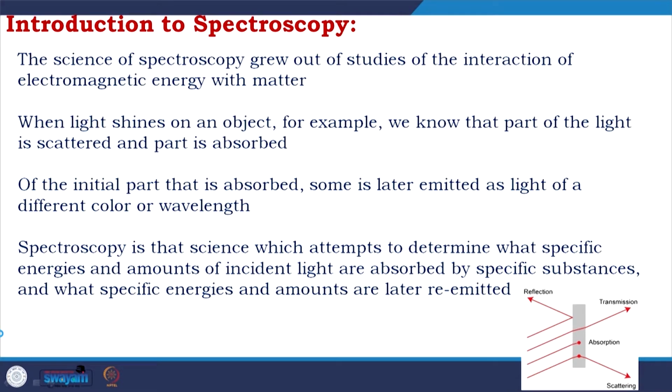If I try to forget definitions, because definitions are always tough, if I want to give you an idea of what spectroscopy is, as I told, when light comes and interacts with matter, they have different types of fates.